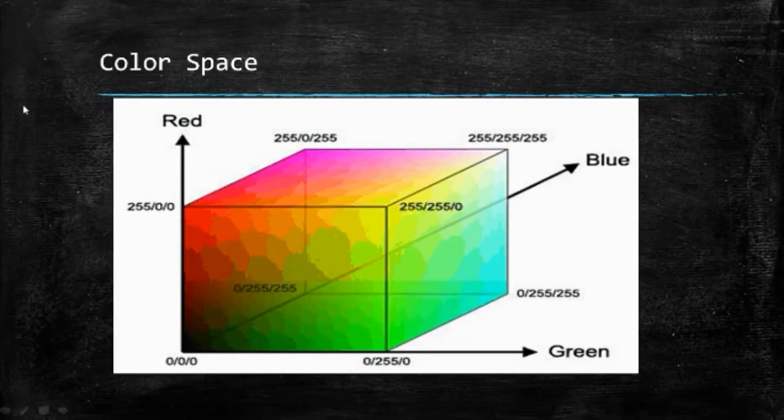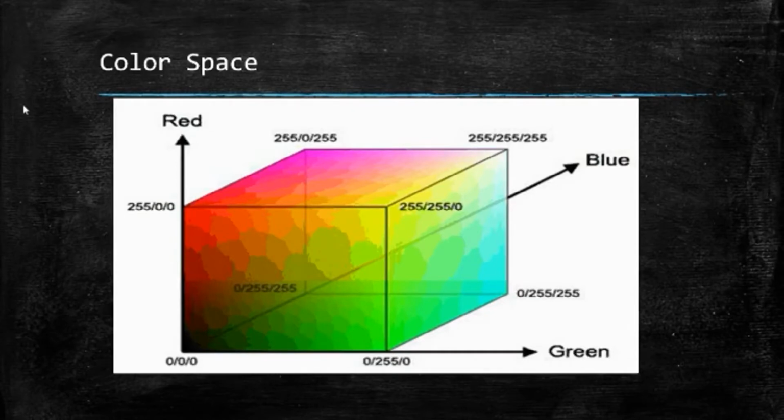So in color space, we draw each layer in 3D space, axes X, Y, Z. For example, red in the X axis, blue in the Y axis, green in the Z axis. By doing this, we get a new representation and new features that will help us to detect the object we want to detect.